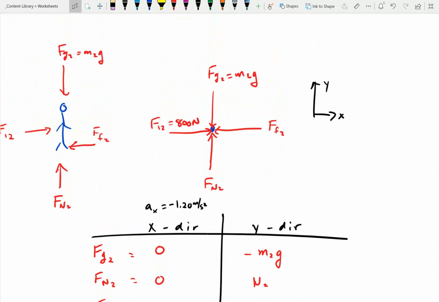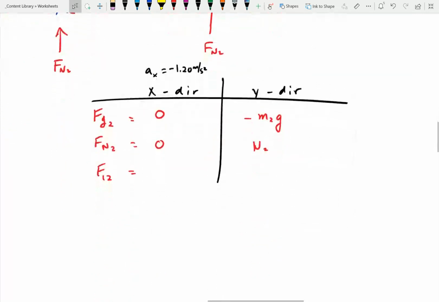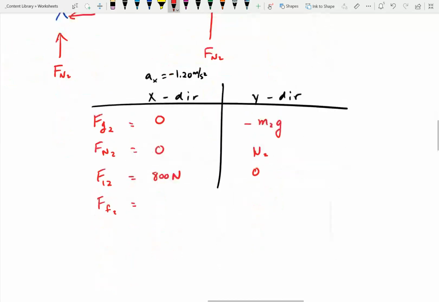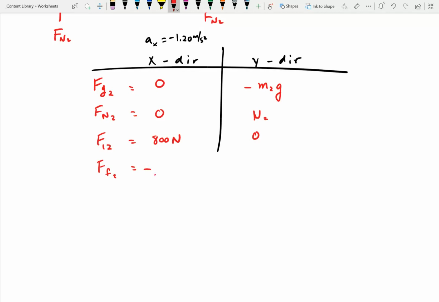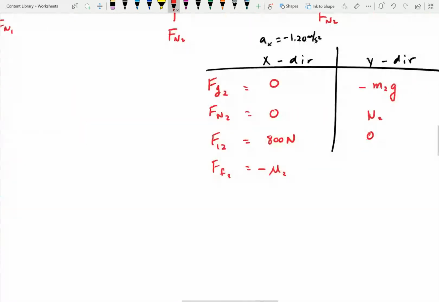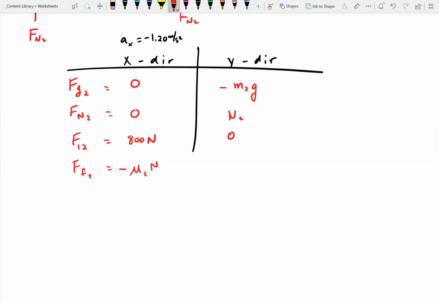Remember, it's equal and opposite. So that's going to be 800 newtons positive, 0 in the y direction. And force friction 2 is equal to, now the friction is in the negative x direction, so minus mu2, I should have used mu2 here because they don't have to have the same coefficients of friction, times normal 2 and 0.